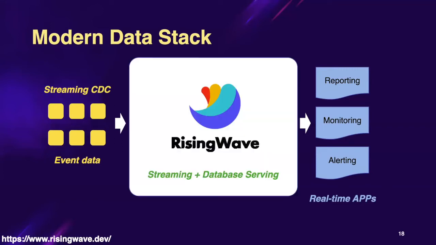The idea of RisingWave is that we want to replace the second stage and the third stage, right? So if we can successfully do it, whether upstream or downstream, they can just treat RisingWave as a normal database, right? So we don't need to deploy multiple systems to achieve the same goal.